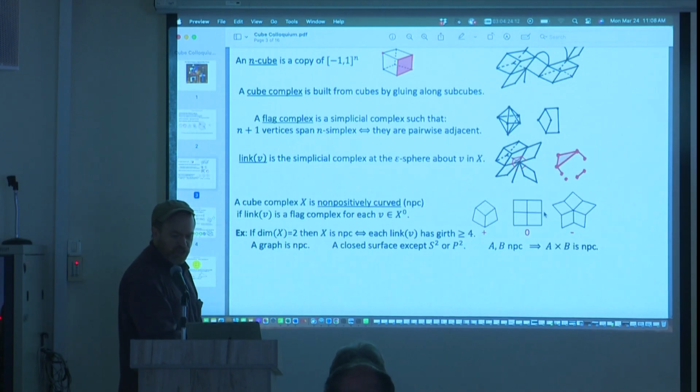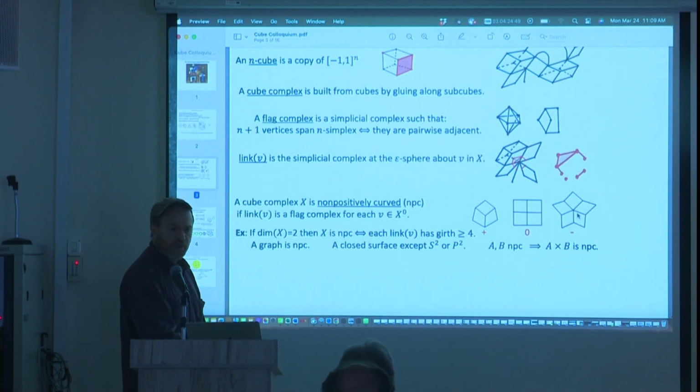Maybe for a little bit of intuition, we could stop and think about a surface, right? And we might regard these as pictures that we would expect to see on a sphere, in a flat plane, or in a hyperbolic plane that was tiled by squares. Okay, and so we start to see, hey, this is positive curvature, maybe this is flat, 0 curvature. Here we have negative curvature. And if you think of the links, well, for the zero curvature and the negative curvature case, you have a 4 cycle and a 5 cycle as the link.